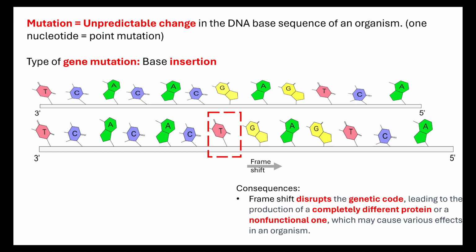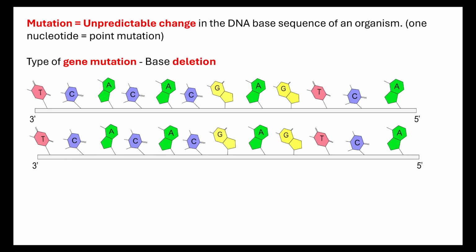Therefore, this frame shift is disrupting the genetic code. That's leading to the production of a completely different protein or a non-functional one, which may cause various effects in an organism. So we don't really know what those effects might be, but when there is an insertion, that frame shift is going to disrupt the genetic code.